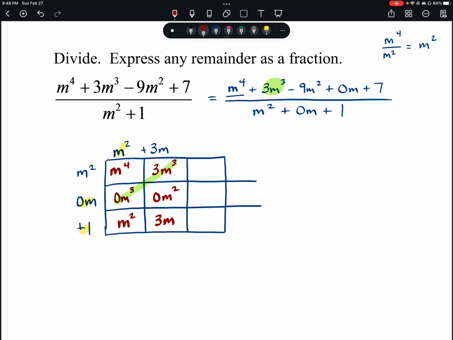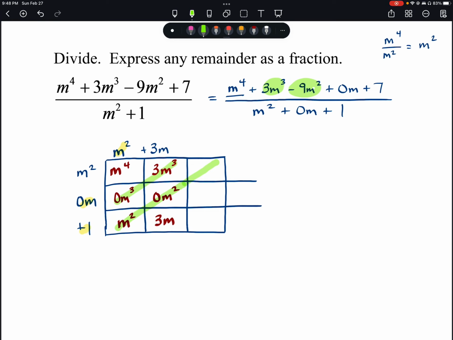Now the next one we have to look at is going to be m squared plus 0m squared plus what is going to give us negative 9m squared. Well, 1 plus 0 is 1, plus what gives us negative 9?